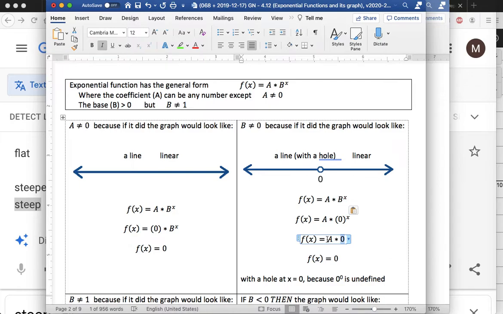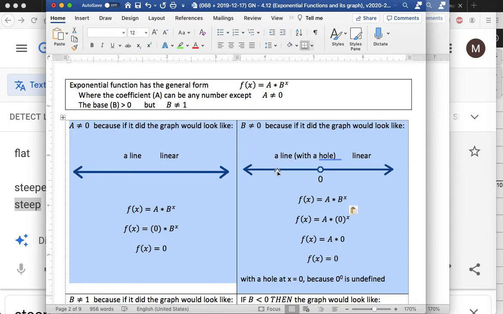And we know 0 times any number a just gets you f of x equals 0, or y equals 0. So once again, you have that same horizontal line. The reason it has that hole there is that 0 to the 0 power is actually undefined. So it has this little undefined hole at x equals 0.